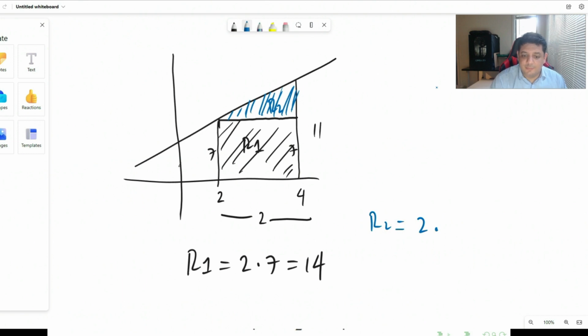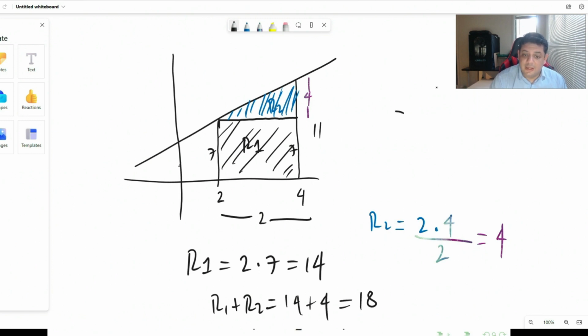And notice that because this is 7 but everything is 11, this little piece is 4. So it's going to be 2 by 4 divided by 2, and so that area is going to be 4. So the full area is R1 plus R2, 14 plus 4, and that's just 18.